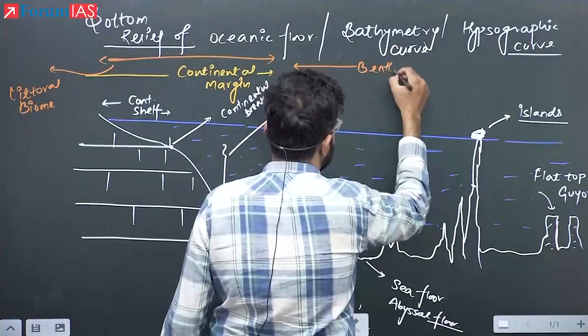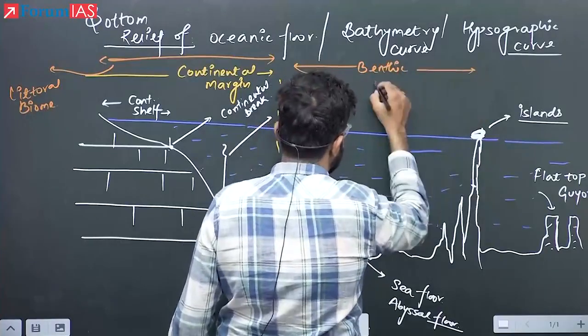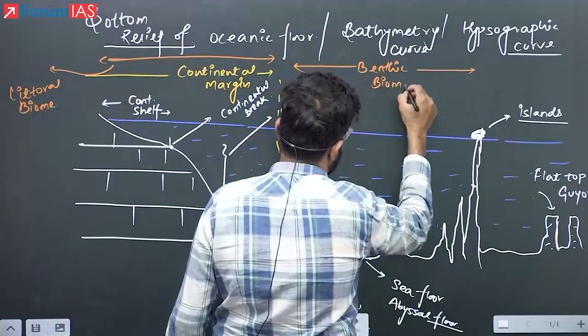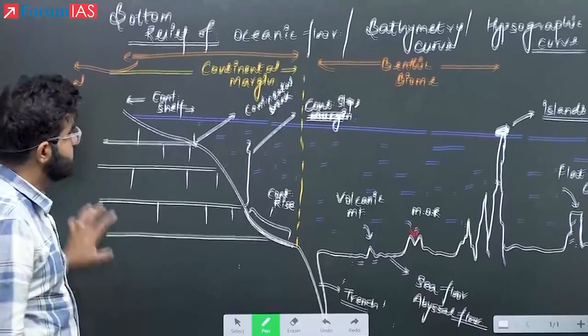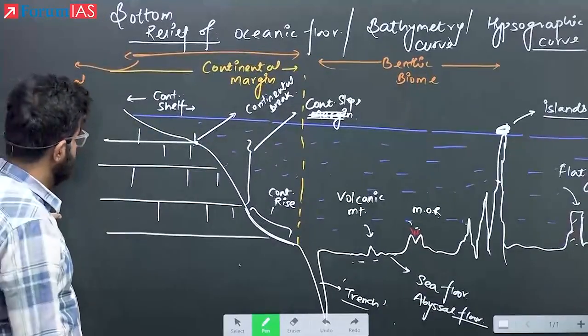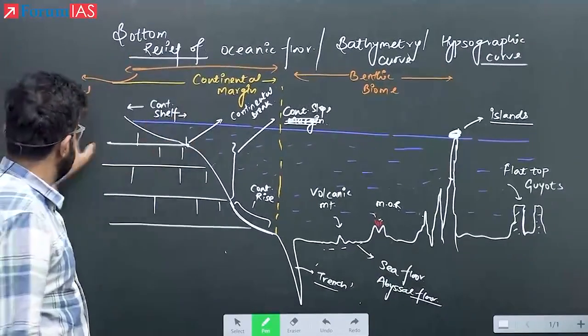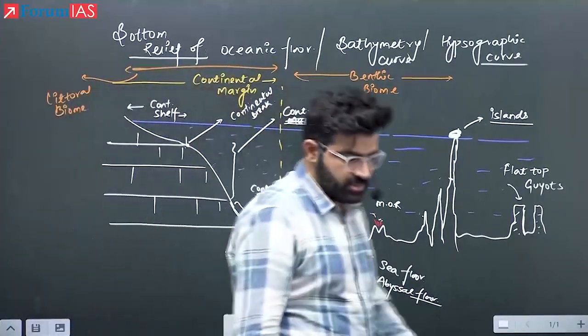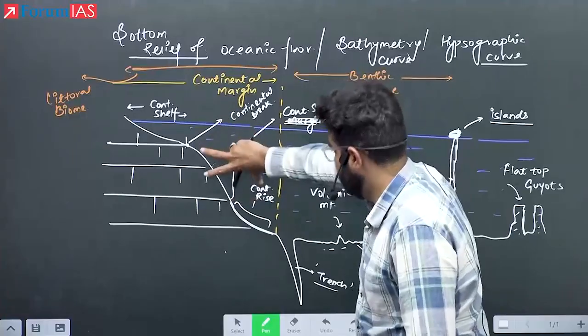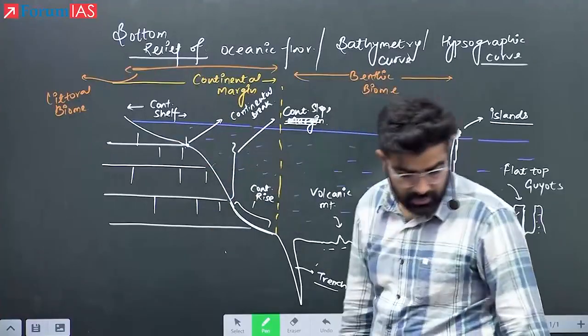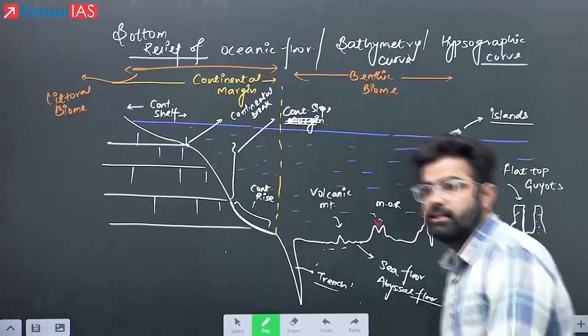Benthic means bottom, right? So from here onwards, it is known as the benthic biome. It is not required here, but if you read about the littoral biome somewhere, it is nothing but up to here. This entire area is under the littoral biome.